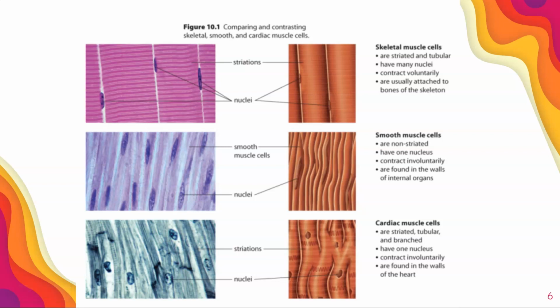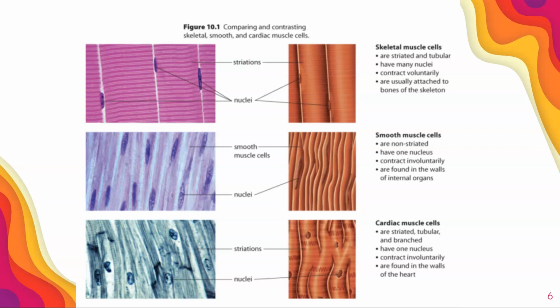Striated, think of striations, think stripes. Striations meaning that it looks like they have stripes. So if you look at this one, this is very pronounced, the dark stripe to the light stripe. This one is a little bit harder to see in the actual microscope picture, but over here you can see it on the drawing. So that is what we mean by striations, meaning they look like they have stripes.